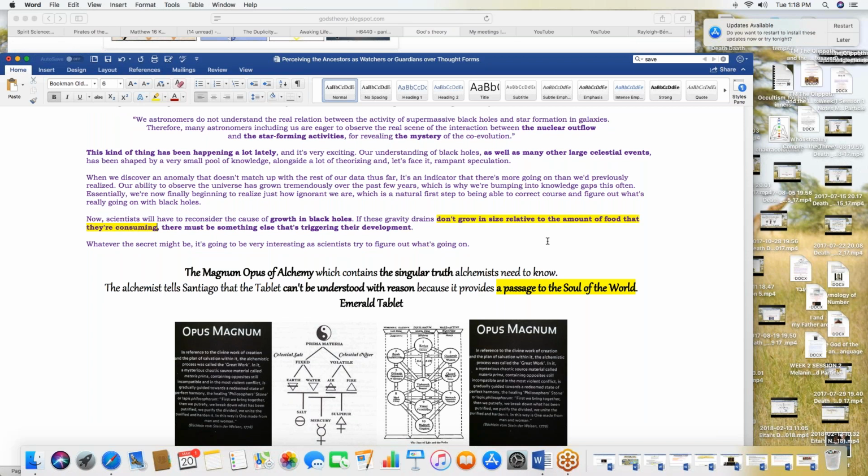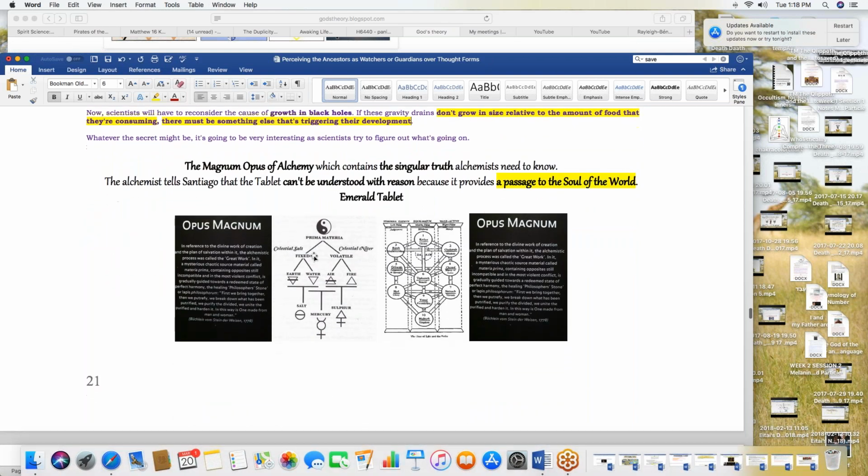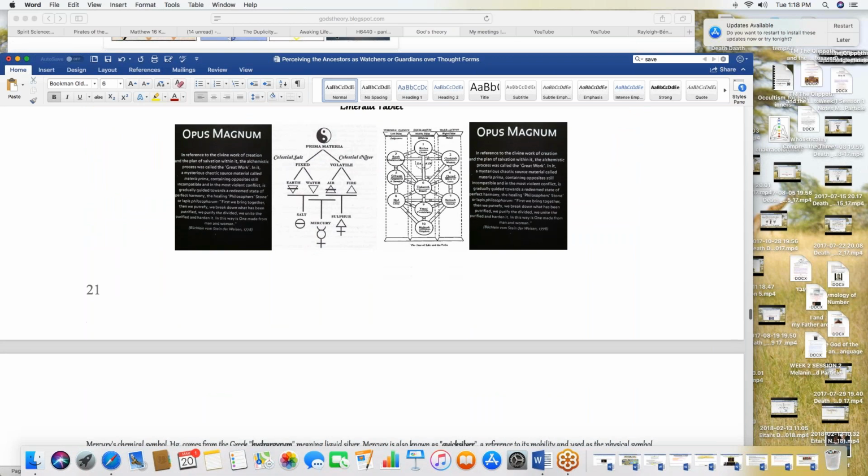If these gravity drains don't grow in size relative to the amount of food that they're consuming, there must be something else that's triggering their development. I'm telling you, I know. You know. Whatever the secret might be, it's going to be very interesting as science tries to figure out what's going on.